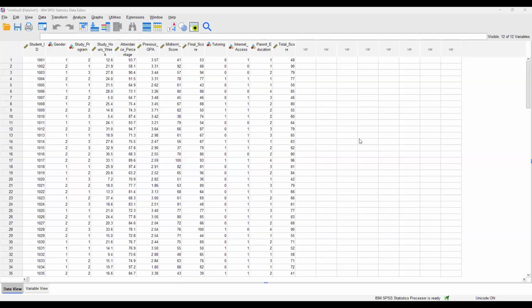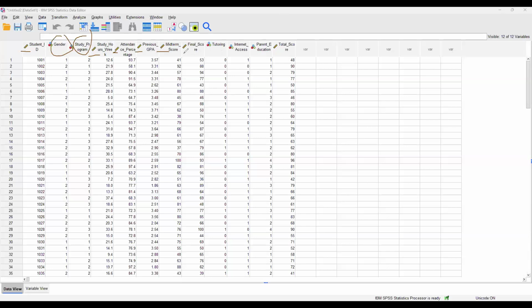Midterm score is not a categorical variable. A categorical variable has to be basically categories. In SPSS it's quite visible which are the categorical variables. Gender has categories, study program has categories. Those with the scale icon are not categorical variables.